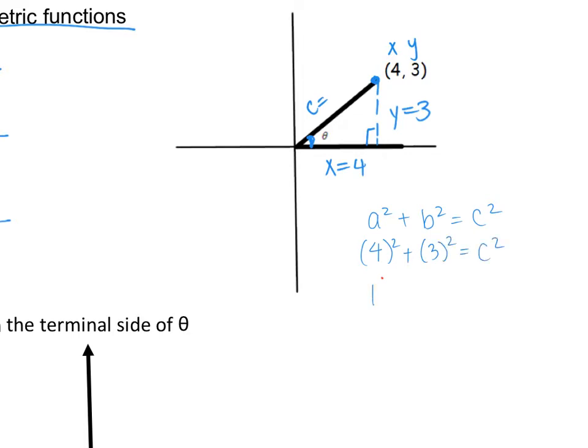If I square these numbers, I get 16 plus 9, which is 25. And since I have a square, I have to take the square root in order to cancel out that square. So c is the square root of 25, which is 5. Now we always want to use the positive root because we're dealing with length, and a length on a coordinate system, for a hypotenuse, we are always going to consider positive. So the hypotenuse here is 5.